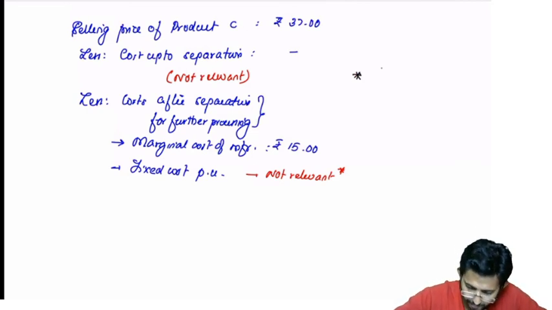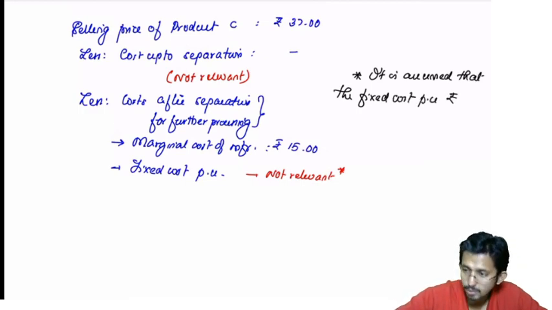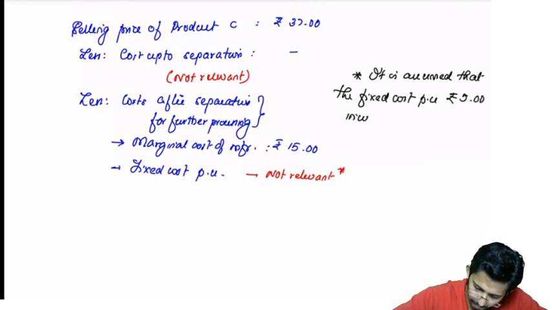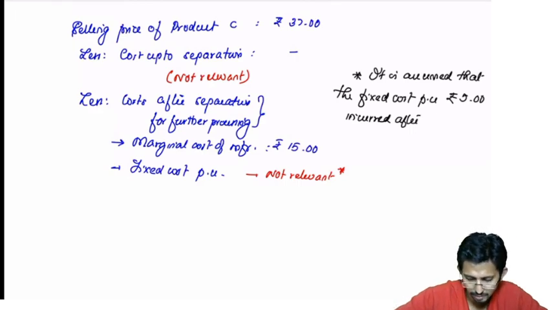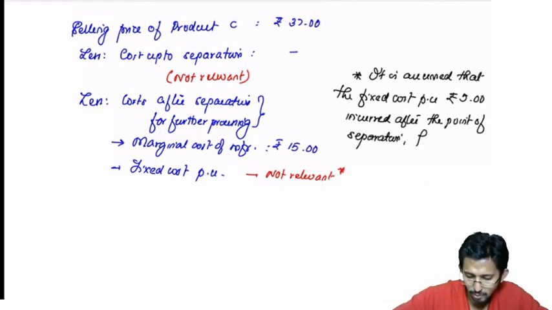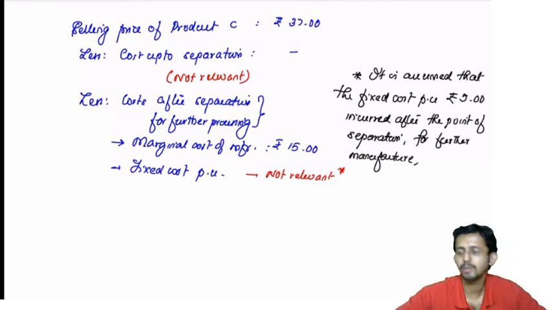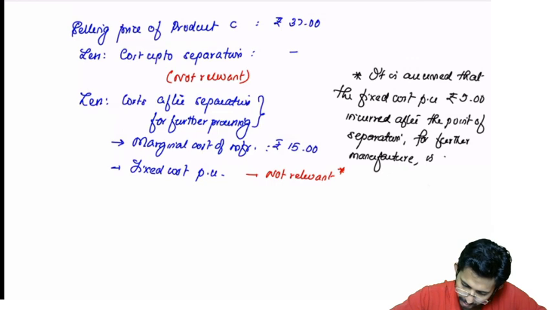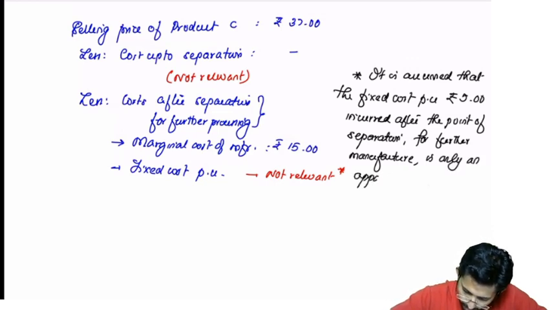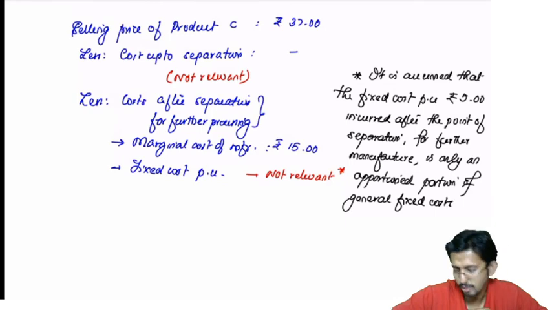It is assumed that the fixed cost per unit of rupees 5 incurred after the point of separation for further manufacture is only an apportioned portion of general fixed cost.